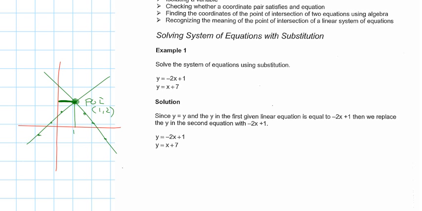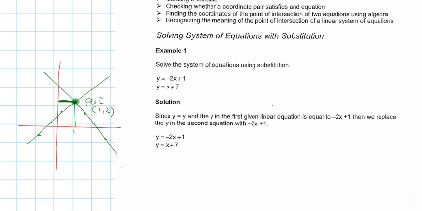So at this point only, the x value is the same for both lines, and the y value is the same for both lines. That's the only time where they're both at the same location. Does that make sense? So that's the only time where the y value is the same for this line and this line, and where the x value is the same for this line and this line. Yes?